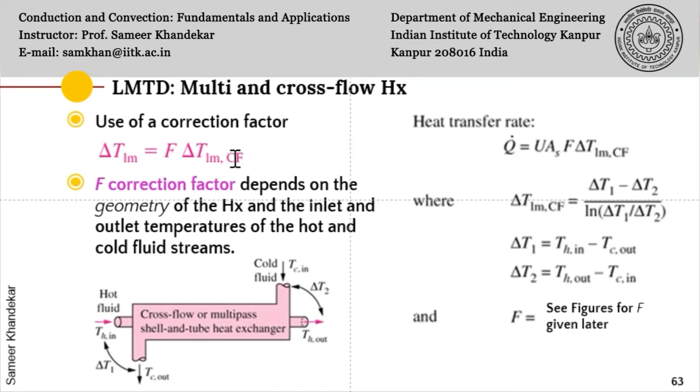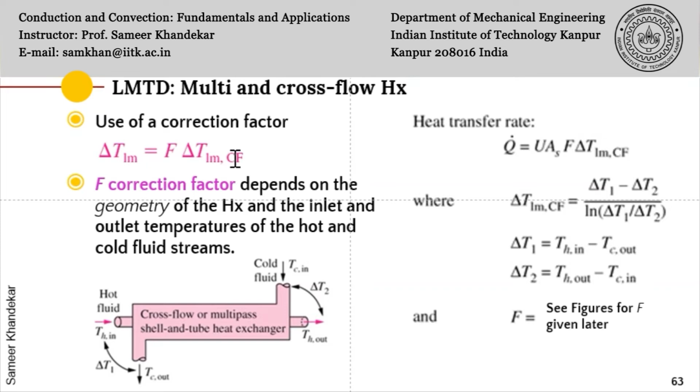What it essentially means is that if the same duty which you are getting from a given heat exchanger was taken from a simple tube in tube or double tube heat exchanger, then what would have been the LMTD?